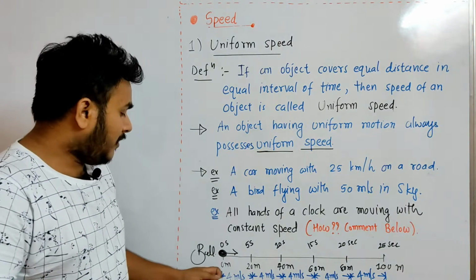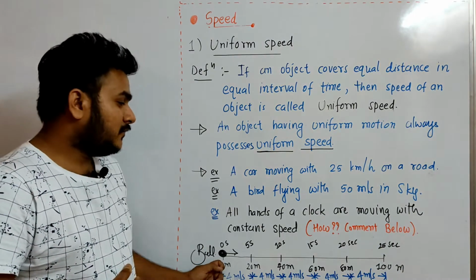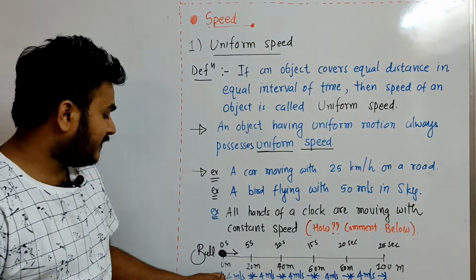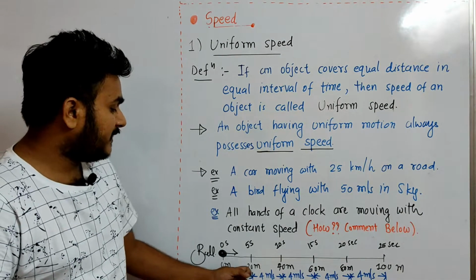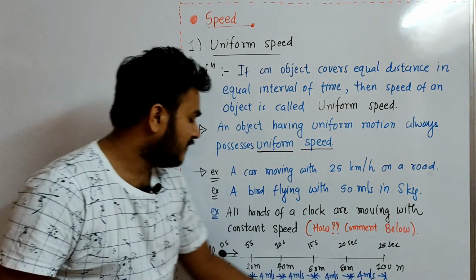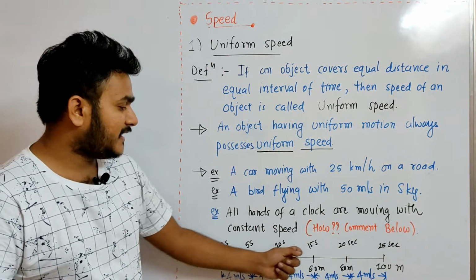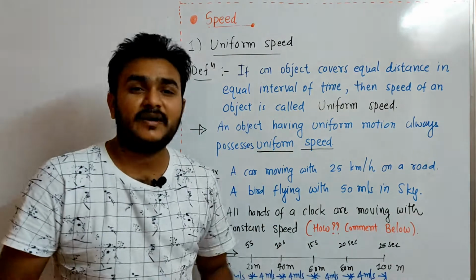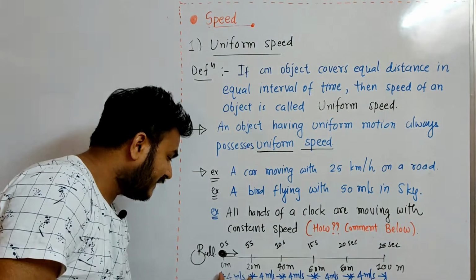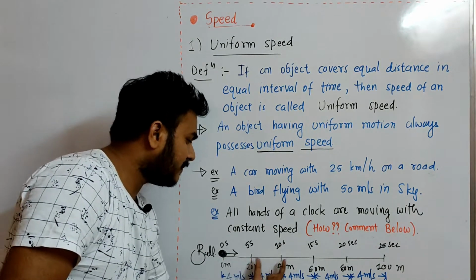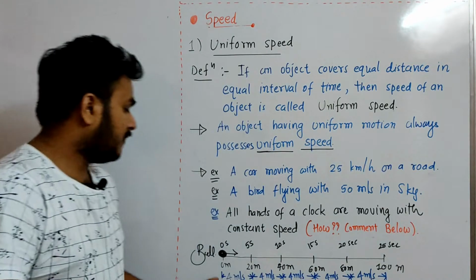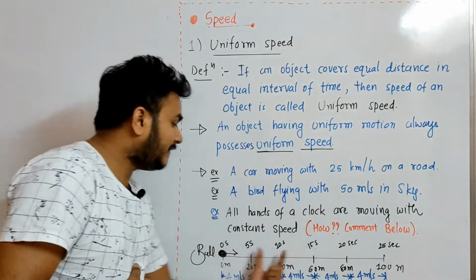Now one ball is rolling along a straight path, and the path has lengths of 0 meter, 20 meter, and up to 100 meter, and it is rolling through 0 second, 5 second, 10 second, 15 second, 20 second, 25 second. Then each path section has equal length and equal interval of time.